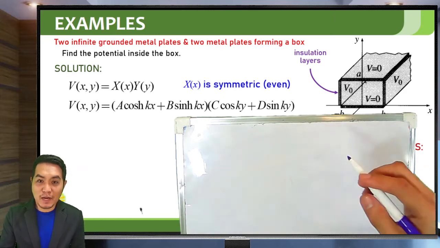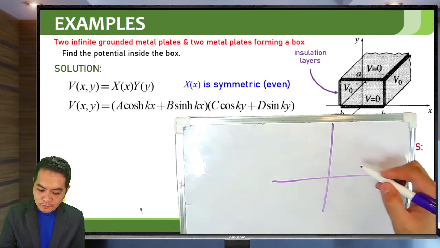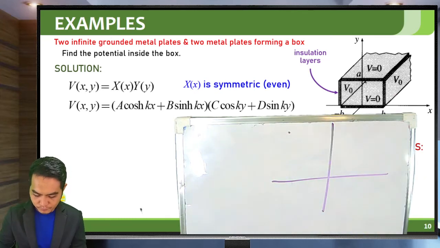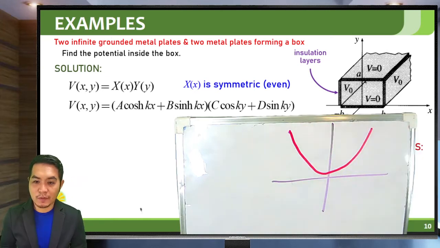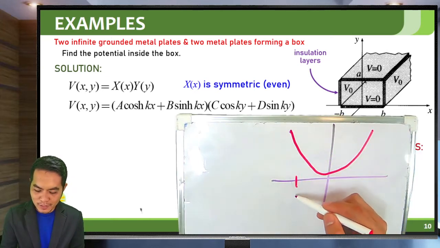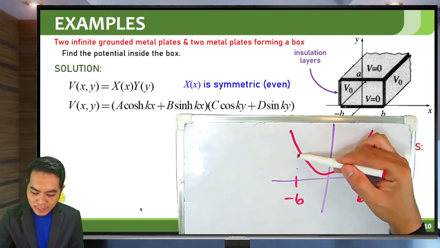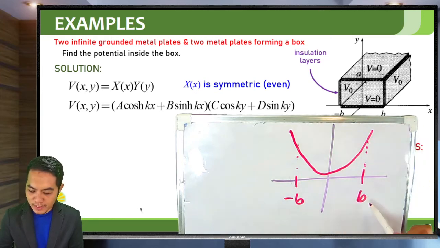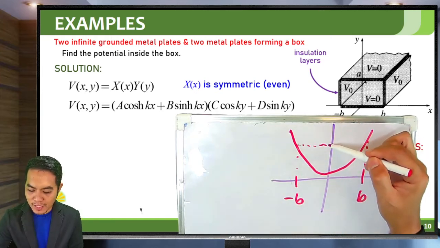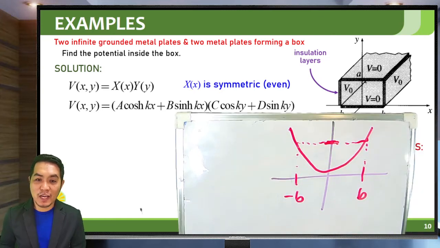Like a parabola, for instance. Sorry for my drawing. If this is negative b, this is positive b, the value at x is equal to negative b and x is equal to positive b, the value on the y-axis is the same. That's what we mean by a symmetric or even function.